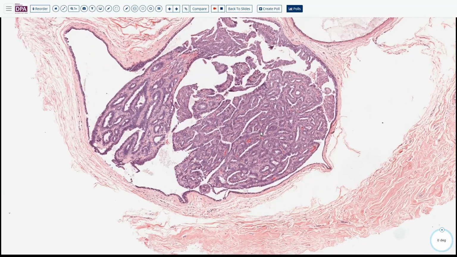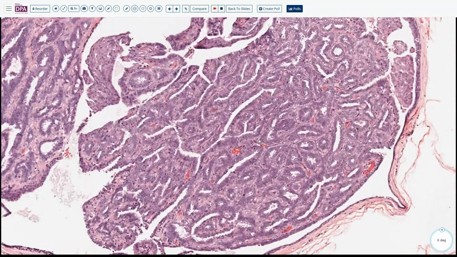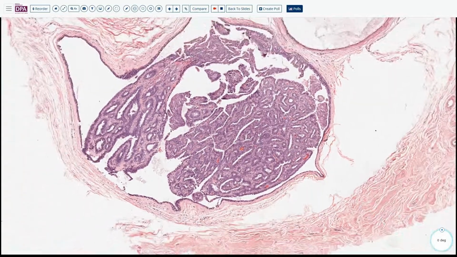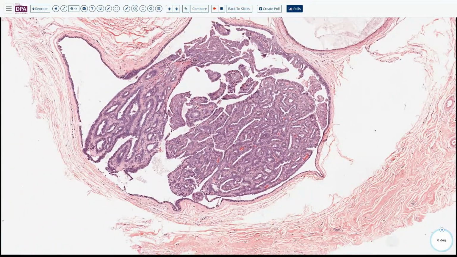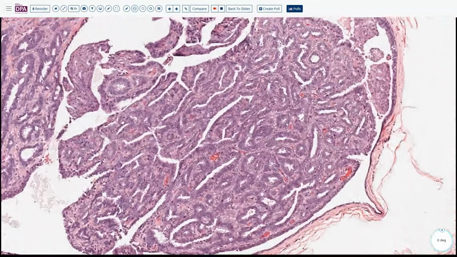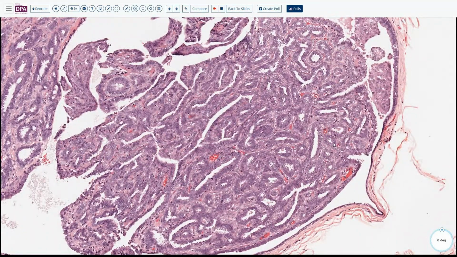For this one, it seems not, because usually these intraductal papillomas can have UDH. So sometimes you will see what looks like a cribriform structure, but when you look in more detail, this glandular structure doesn't form any cribriform pattern.